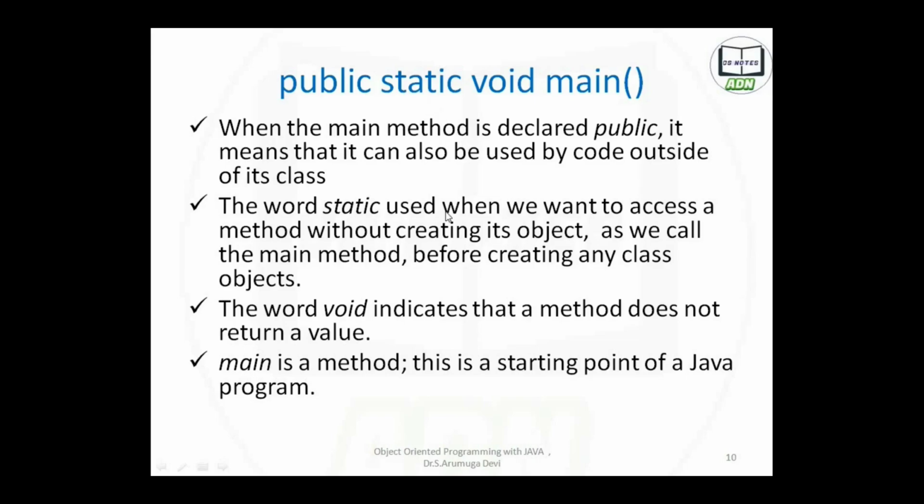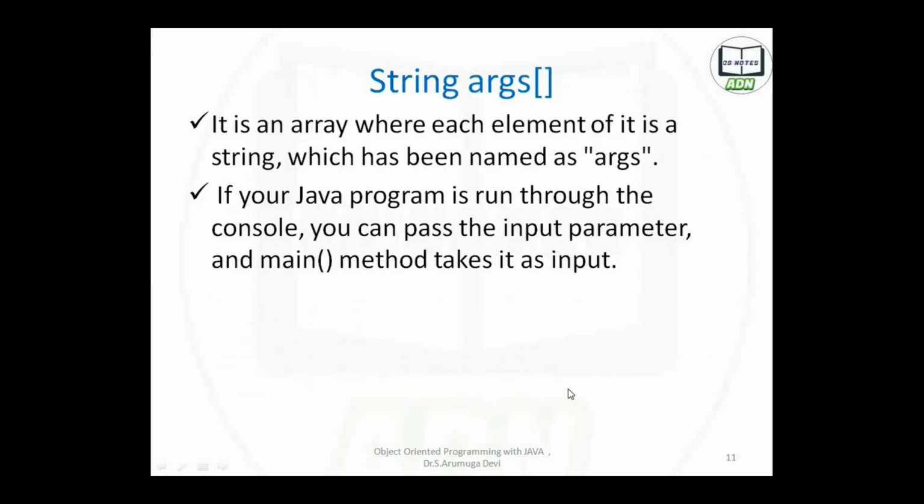Static means we can access the method without creating an object. We call the main method before creating any class object, so we use static. Void means it doesn't return anything. And main is the method, the starting point of the Java program.